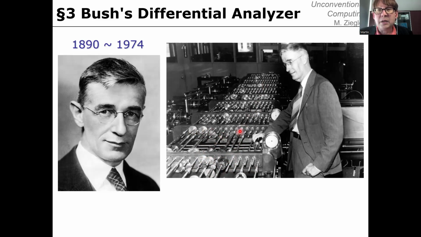And that's actually the basic data type, if you like, of the differential analyzer: the angle of a rod. And a different rod is a different angle. So you can imagine each rod corresponds to a real variable. And the angle of that rod at a given time is the value of that analog variable.